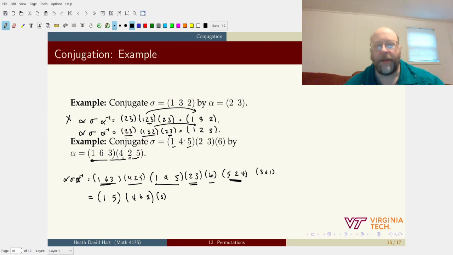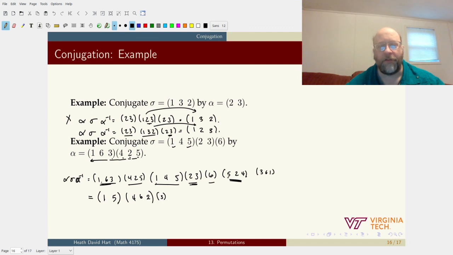But let's double check. 3 goes to 6. Nothing happens to 6. 6 is just a 1 cycle. So 3 goes to 6, stays 6, and then at the very end it goes to 3.